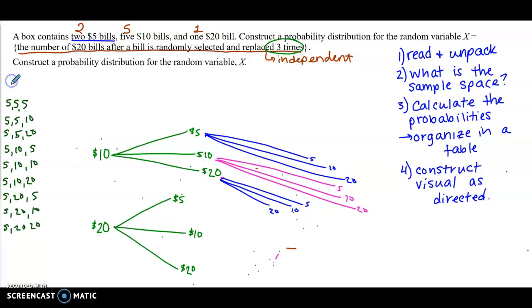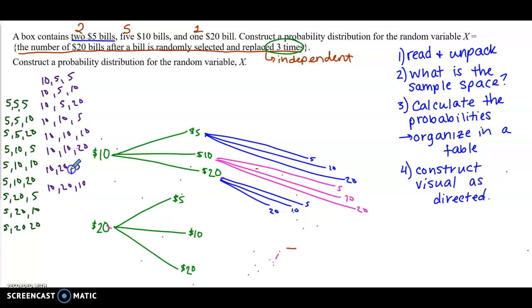Okay, so this is pulling a 5 first, then we could also do a 10 first: 10, 5, 5; 10, 5, 10; 10, 5, 20; 10, 10, 5; 10, 10, 10; 10, 10, 20; 10, 20, 5; 10, 20, 10; 10, 20, 20.